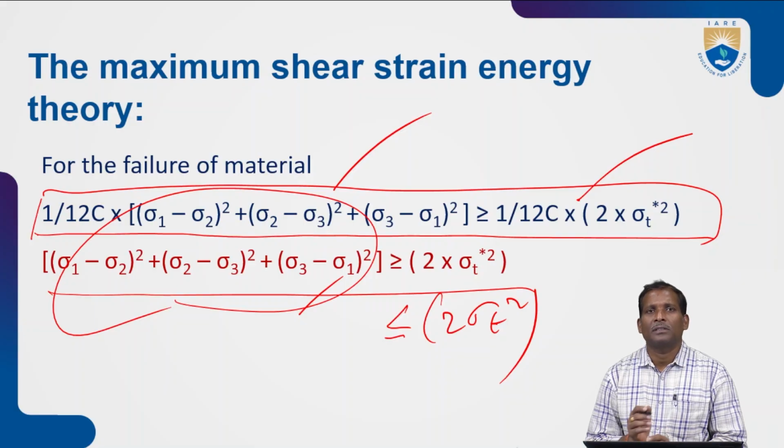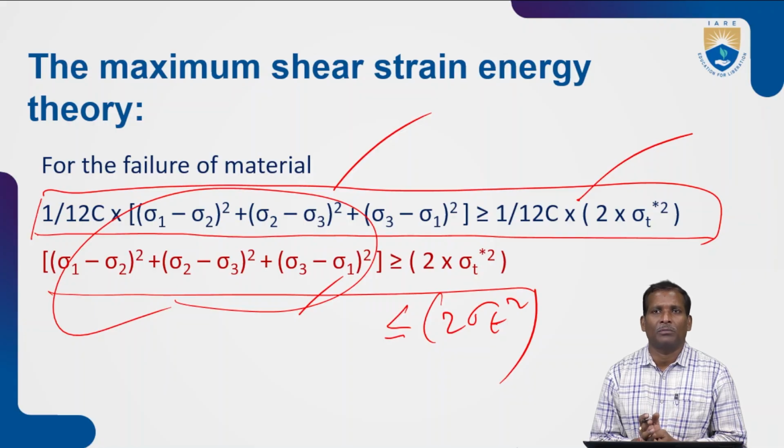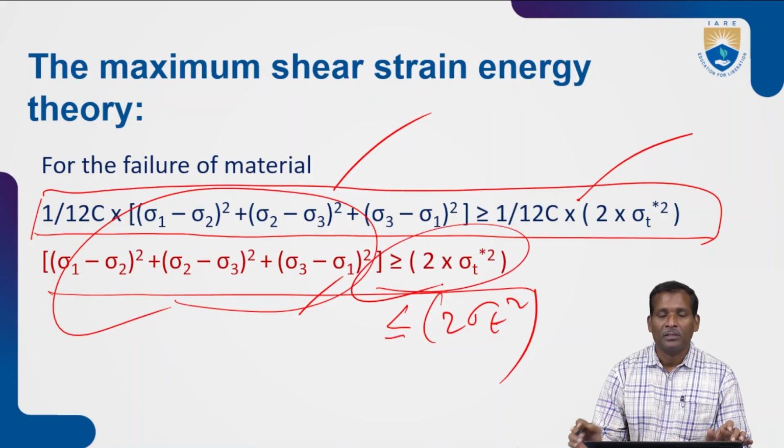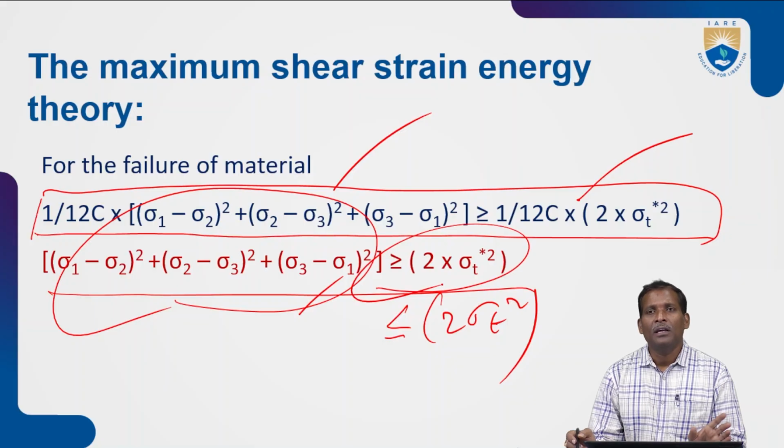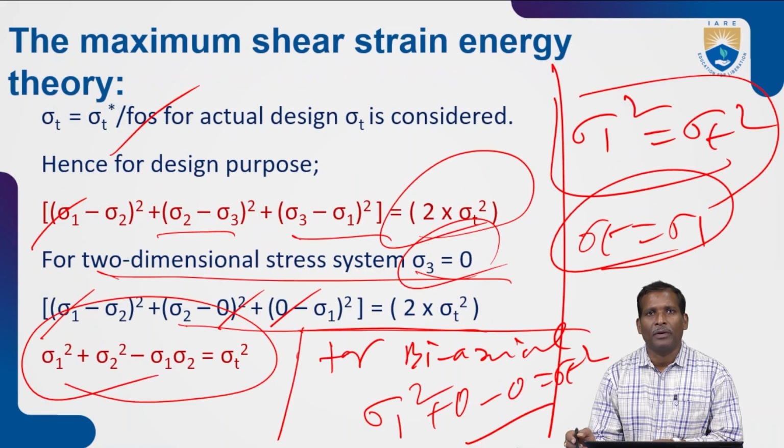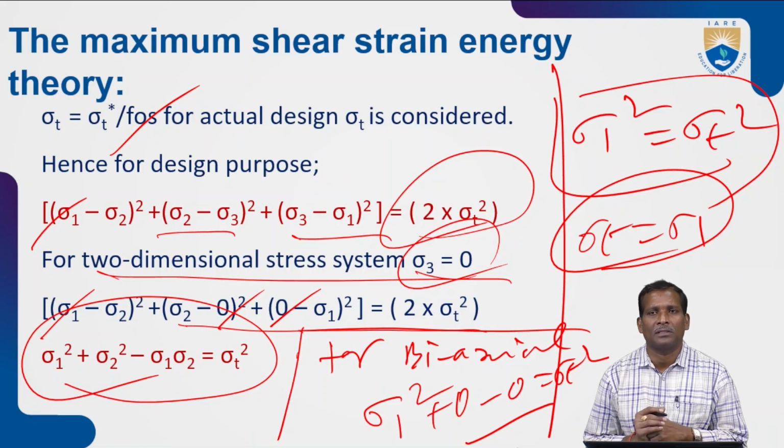And then the failure of the material, the condition is shown here. Sigma 1 minus sigma 2 whole square plus sigma 2 minus sigma 3 whole square plus sigma 3 minus sigma 1 whole square greater than or equal to 2 sigma t square. This is for the failure criteria. For safe design, to avoid failure, it should be less than 2 sigma t square. And also we have discussed the design equation for two-dimensional stress systems.